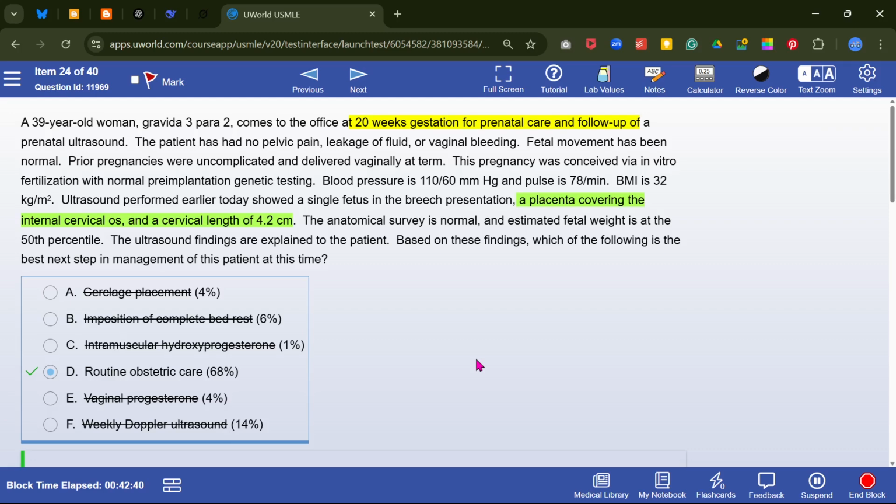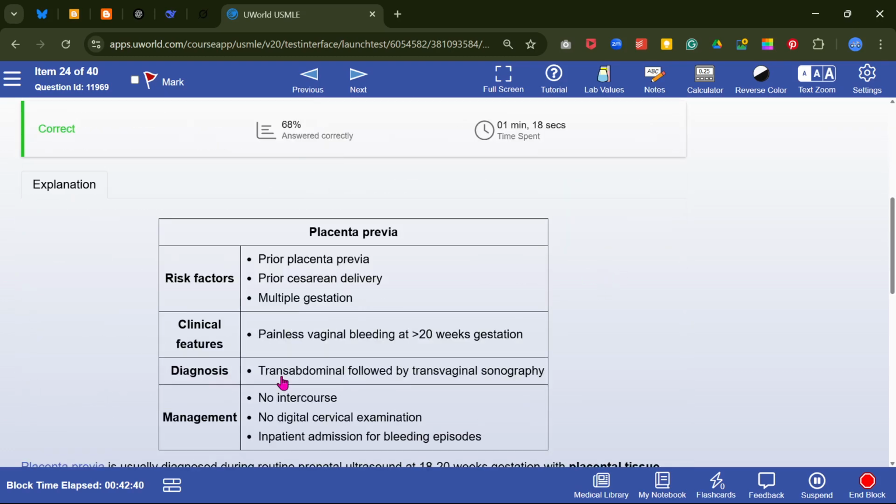Because sometimes what happens, if somebody has placenta previa, as it is just covering the internal os, the covering may subside. You are on the right track. She has no bleeding, they haven't talked about any sort of bleeding, so why should we care?